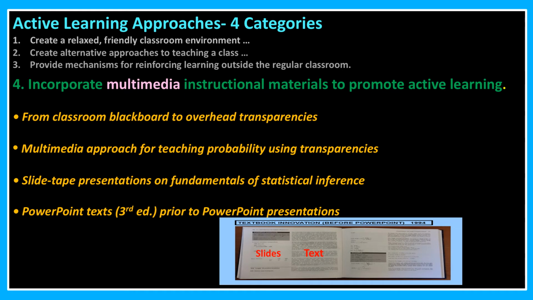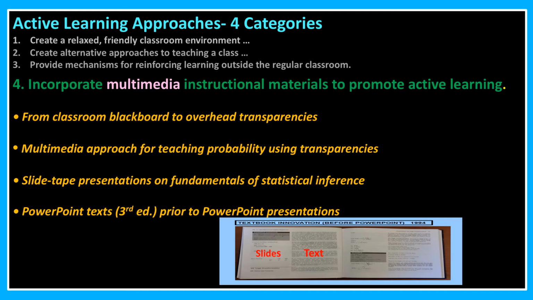Another approach that relates to multimedia instruction was something that I developed way before PowerPoint was even part of something that people used as they use regularly nowadays. I developed and wrote 2 texts that are now in the 3rd edition.